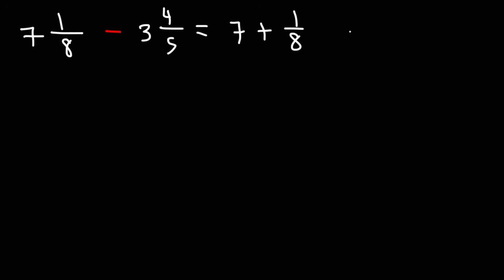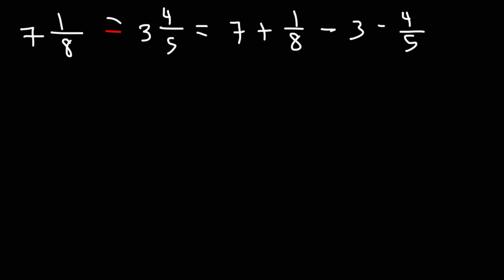Let's try another example. So let's say if we have 7 and 1/8, we wish to subtract that by 3 and 4/5. Go ahead and try that. So let's begin by rewriting the problem. This is 7 plus 1 over 8, and then it's minus 3, and then minus 4 over 5.